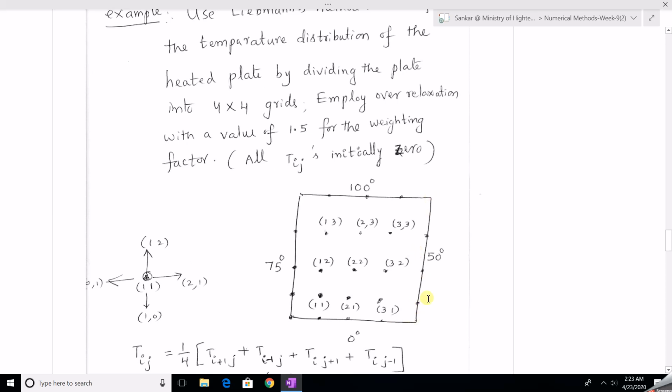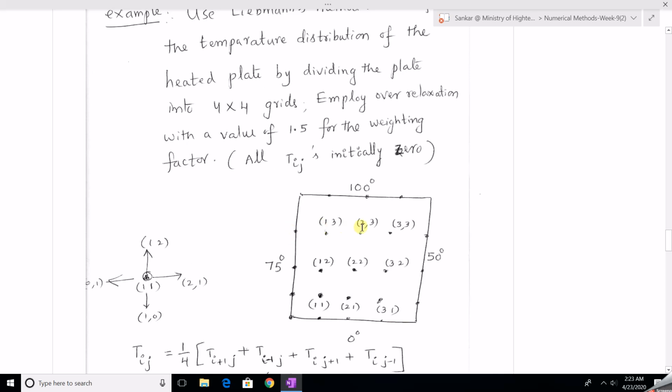This edge is at 50 degrees, so the temperatures here will be 50. This edge is at 100 degrees, so on these points the temperatures are 100, and on these points the temperature will be 75.